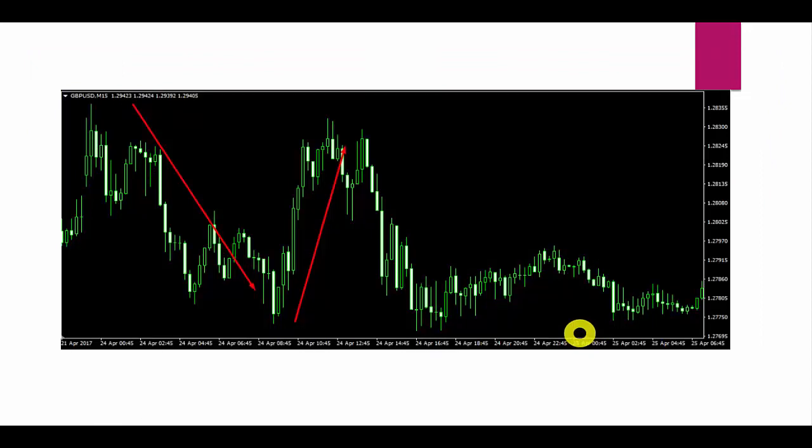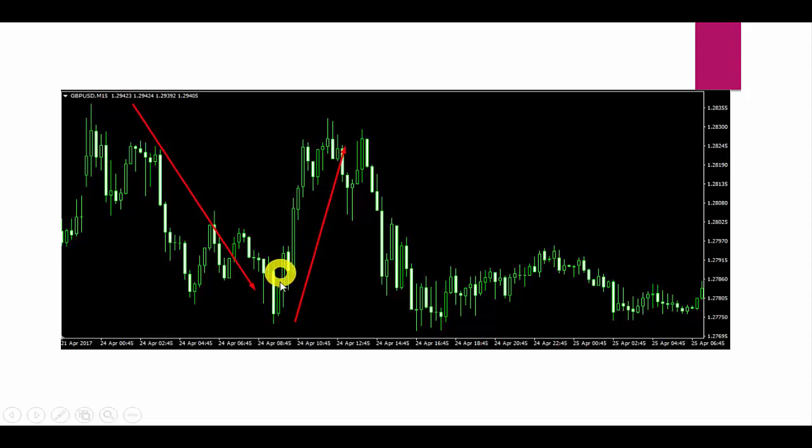Okay, all right. Now we will see this candlestick pattern on the chart. GBP USD M15. You can see the market was in a downward trend. So right now here, the first candle is bearish, the second candle has closed above the midpoint, and the third candle you can see is completely going up and it has covered the entire body of the first bearish candle.